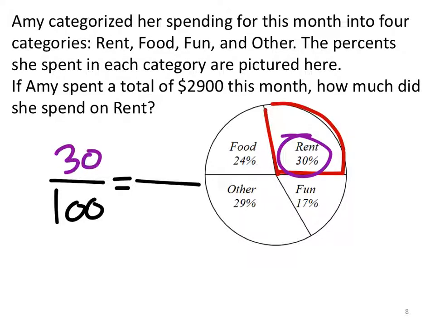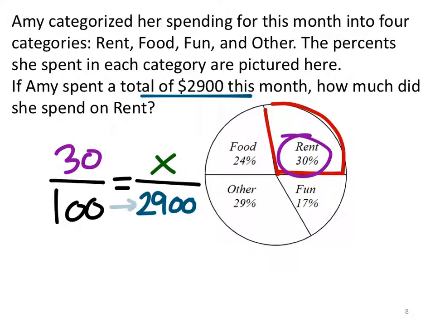The total amount that she spent in the month is all of it, which means that's going to be the denominator, because it's always part over the whole. So I've got 2,900 right here, and we want to find whatever that part is. Once again, this 100 really represents 100%, and 100% of her spending is $2,900.